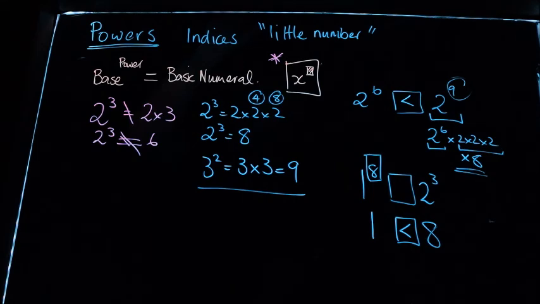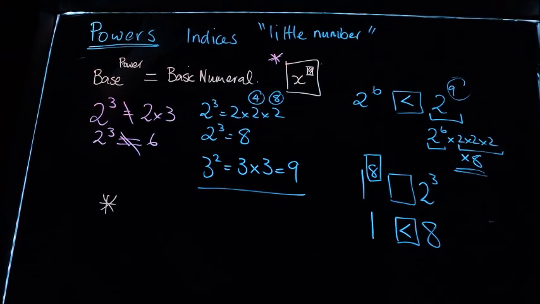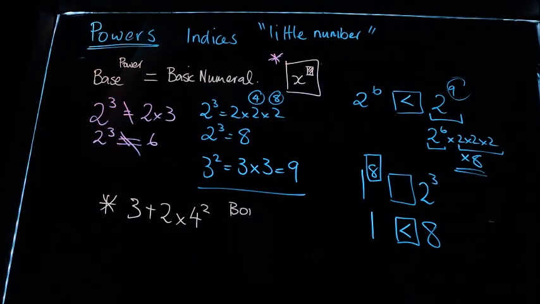Finally, I'm just kind of running out of room, so I might move over here and set up a question here. We've got 3 plus 2 times 4 to the power of 2. Now this smells like BODMAS or BIDMAS, however way you want to look at it.